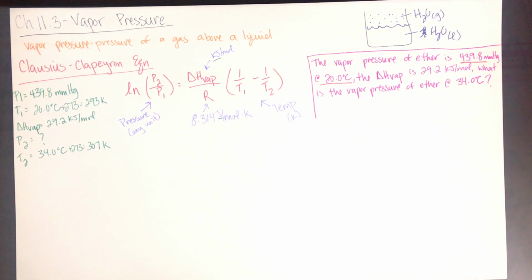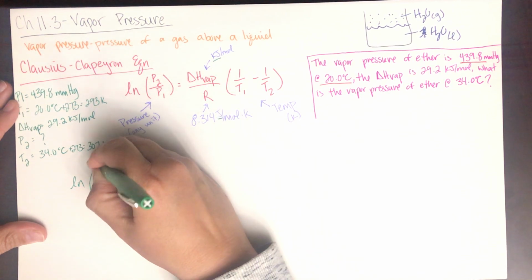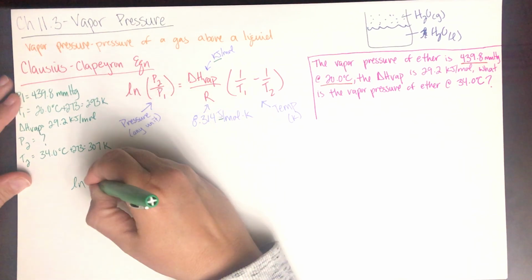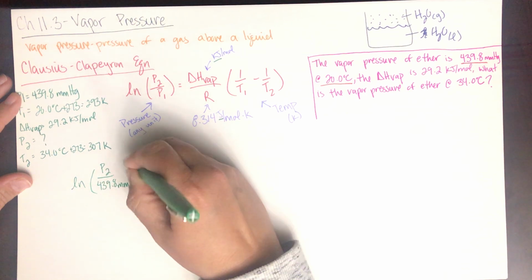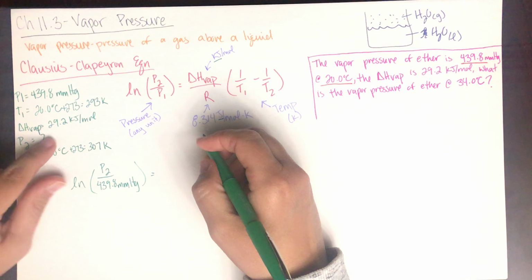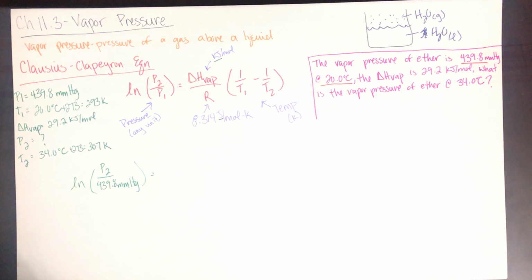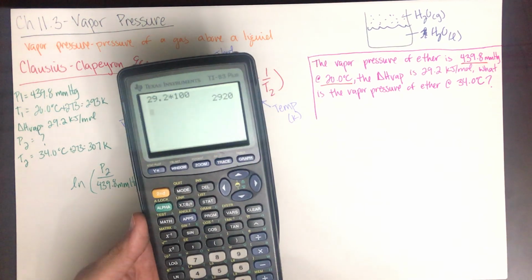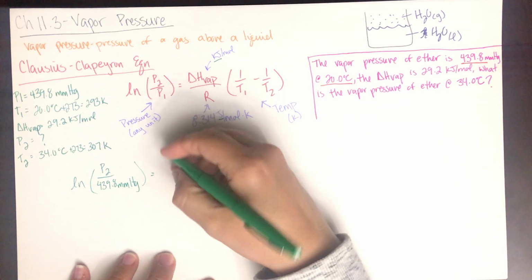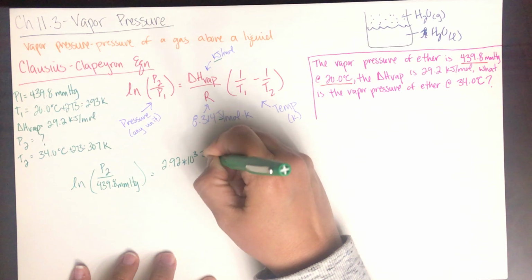So I'm going to go ahead and put these in. I'm going to say the natural log of P2, which I don't know, over P1, which is 439.8 millimeters of mercury, equals the heat of vaporization, which I'm going to convert to joules. There's 1,000 joules in a kilojoule, so 29.2 kilojoules times 1,000 is 2.92 times 10 to the third joules per mole.